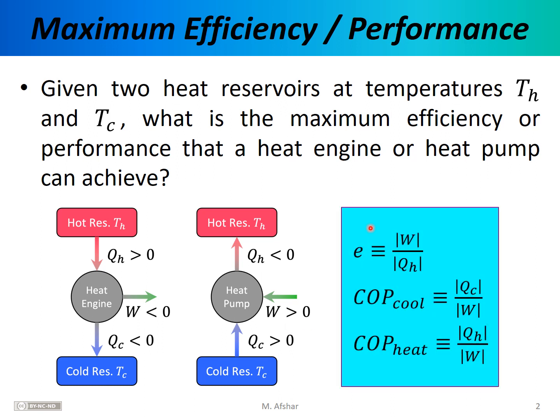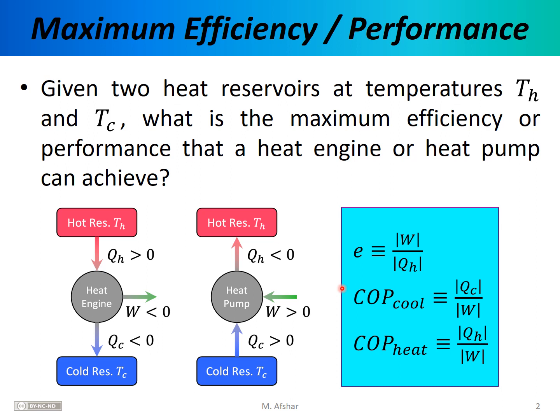We've defined the following quantities to characterize the performance of these devices. For a heat engine, we usually talk about the efficiency, and the efficiency is defined as W divided by QH. For a heat pump, we talk about the coefficient of performance in cooling mode or in heating mode. Recall that a coefficient of performance is basically very similar to efficiency. It essentially tells us how good or bad the device is.